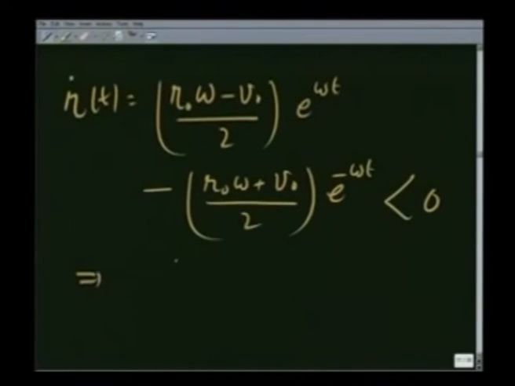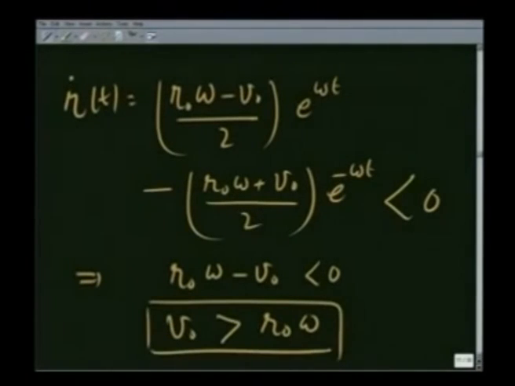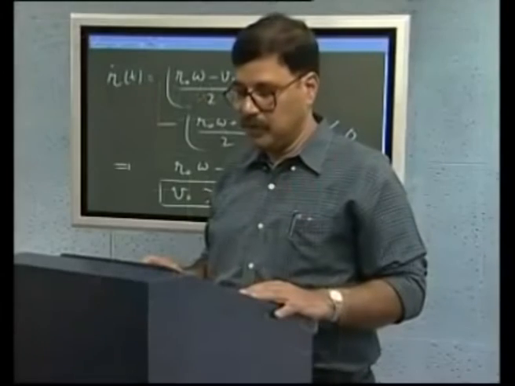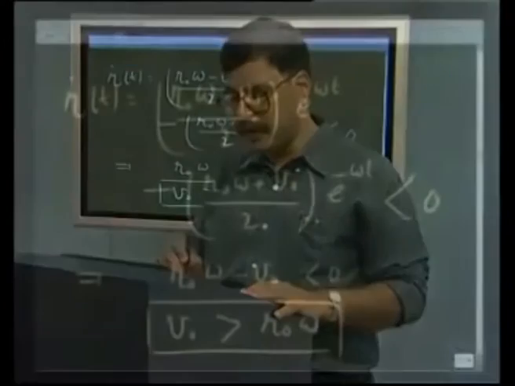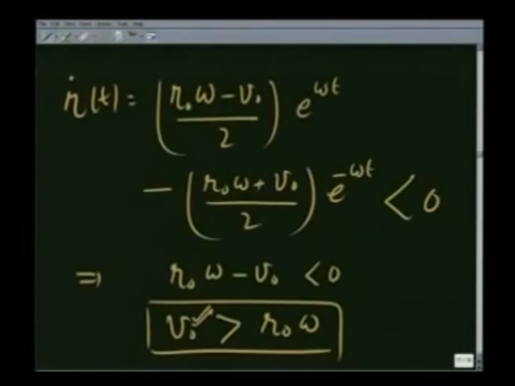This implies r0 omega minus V0 should always remain less than 0, or V0 should remain greater than r0 omega. So, as another example of this, what we have shown is that depending on the initial condition, if I choose my velocity of pushing the particle in so that it is greater than r0 omega, the particle would keep on moving in.